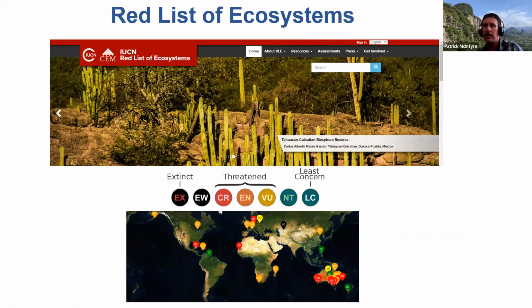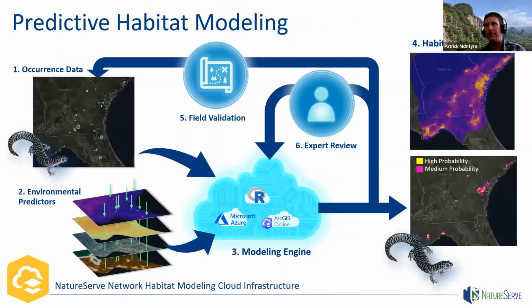And those climate analyses I showed are one factor that we integrate into the Red List of ecosystems. So, how extensive is it? Is it vulnerable to climate? Has it been lost to development or modification? Right. So that's just a little bit about some of the habitat related work we do.